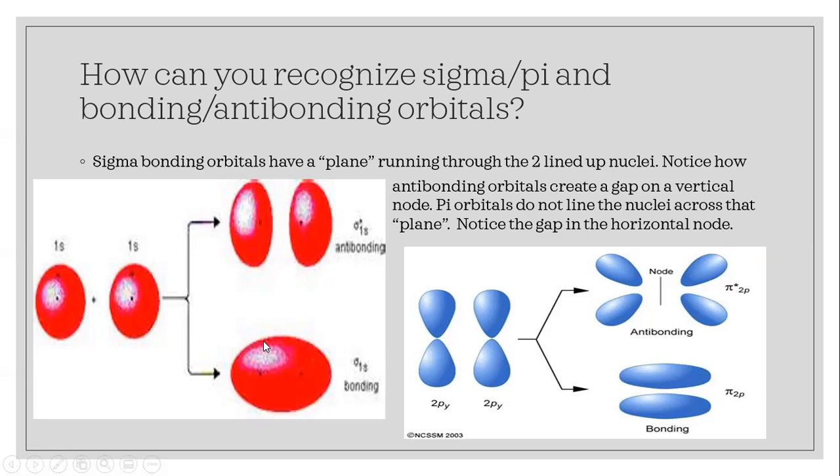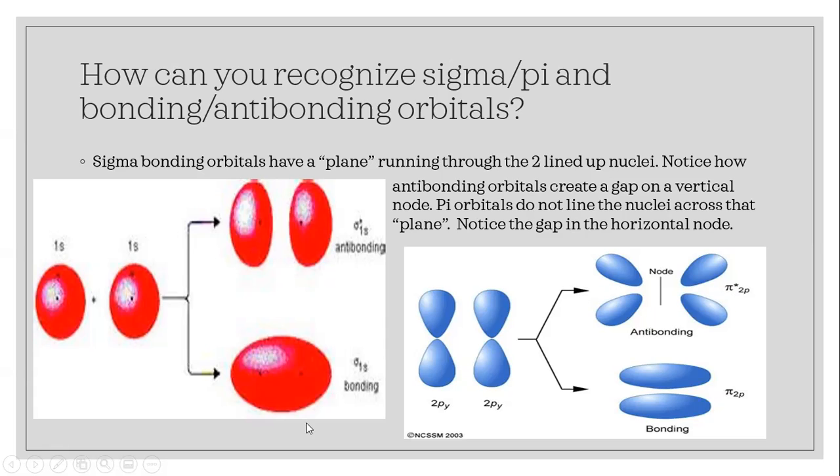And then anti-bonding orbitals, determining them versus bonding orbitals is also pretty straightforward, I'd say. You just look for this vertical node, vertical gap. And so you can tell this one, it's still the sigma antibonding, you still have a plane going through that touches both of them, but there's this big vertical gap. And then it's kind of the same with these pi antibonding.